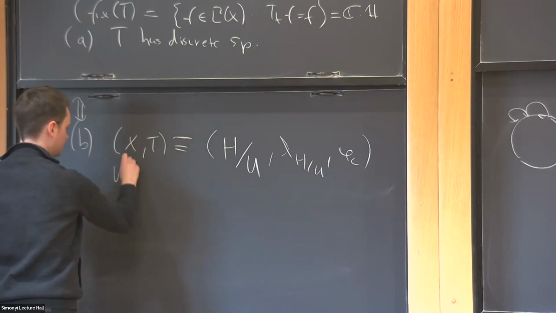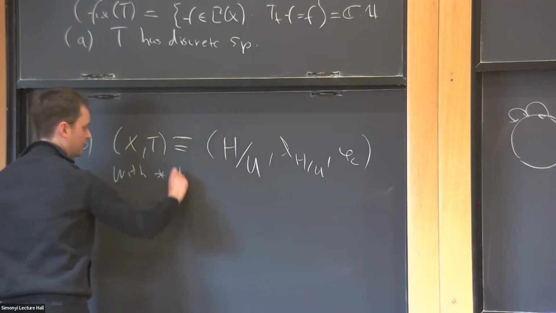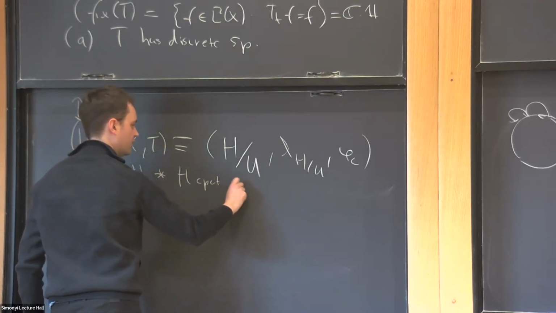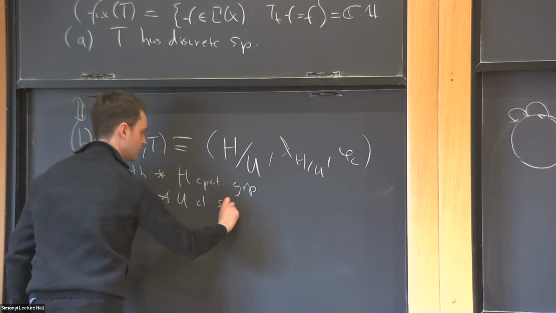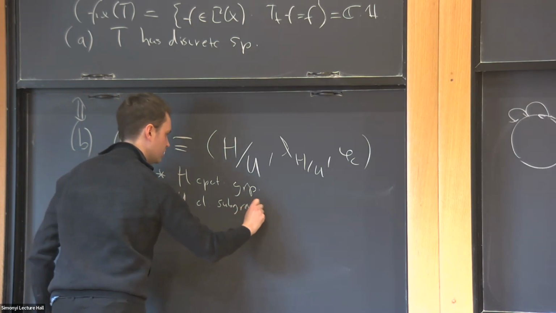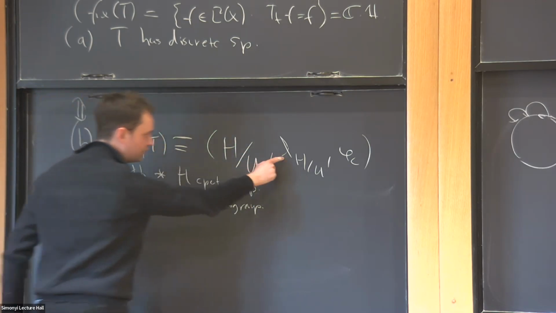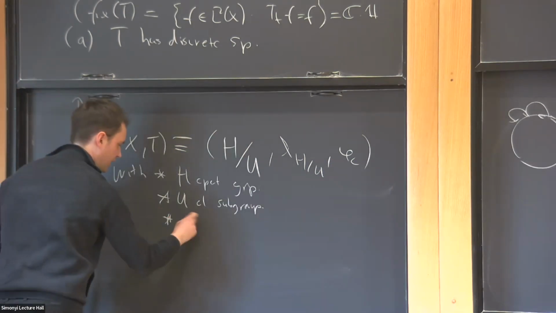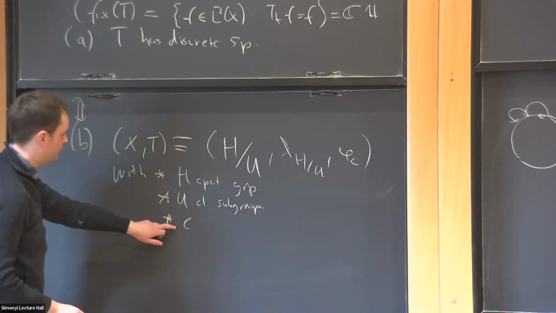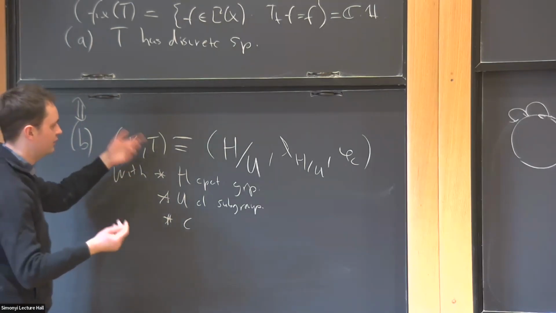So I will specify the data again. H a compact group, U a closed subgroup of H, Lambda here is the Haar measure on the homogeneous space, and C is now given again by rotation, but now of course your rotation depends on your time or your acting group.